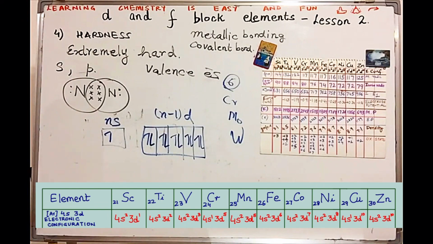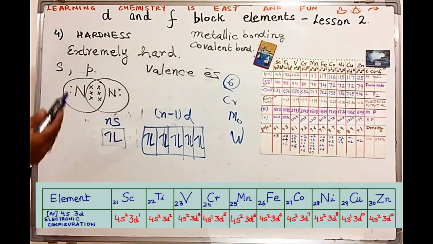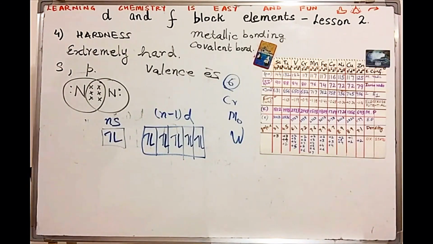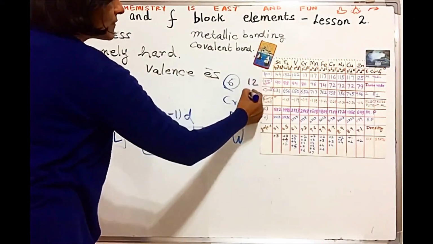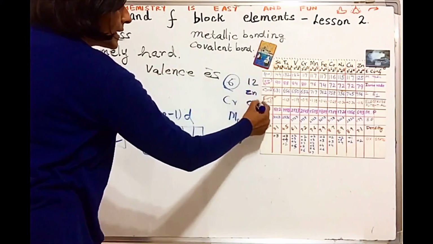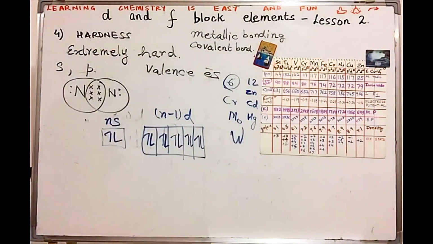Because of which, yes, it is not such a hard metal. Come to the next, zinc. All electrons are paired up, so the possibility of overlap becomes even much less. That is why if you see group number 12, zinc, cadmium, mercury, you have the soft metals. In fact, mercury is existing as a liquid, right?